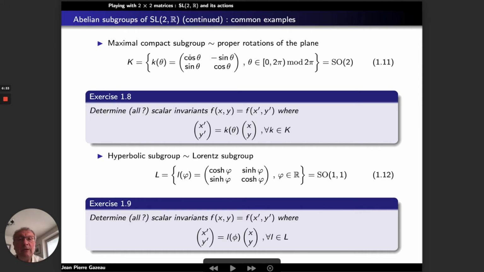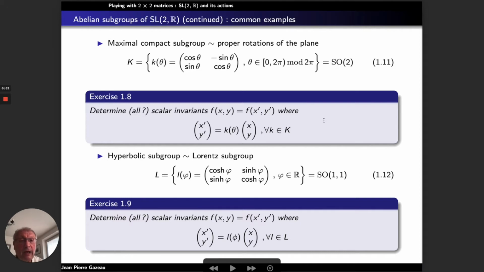And it's made of matrices with cosine theta on the diagonal, and minus sine theta and sine theta on the anti-diagonal. And this group also is denoted by SO2.